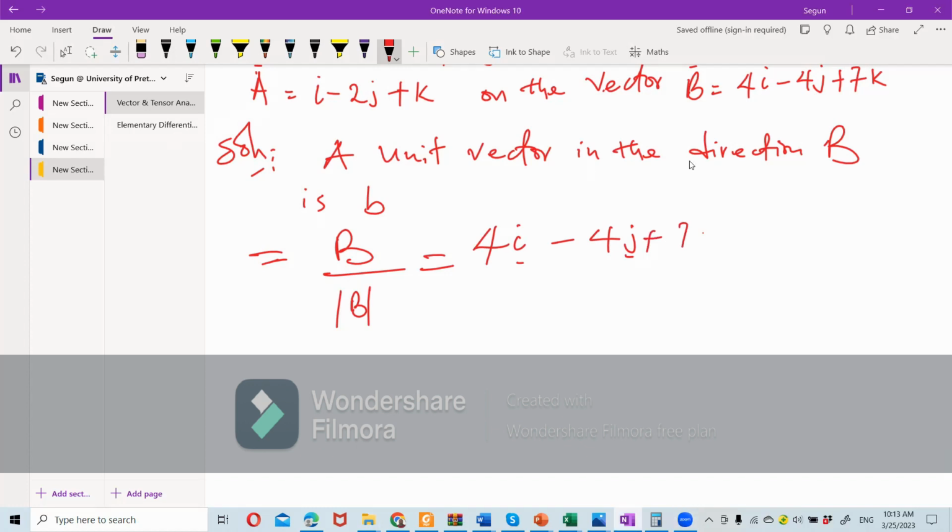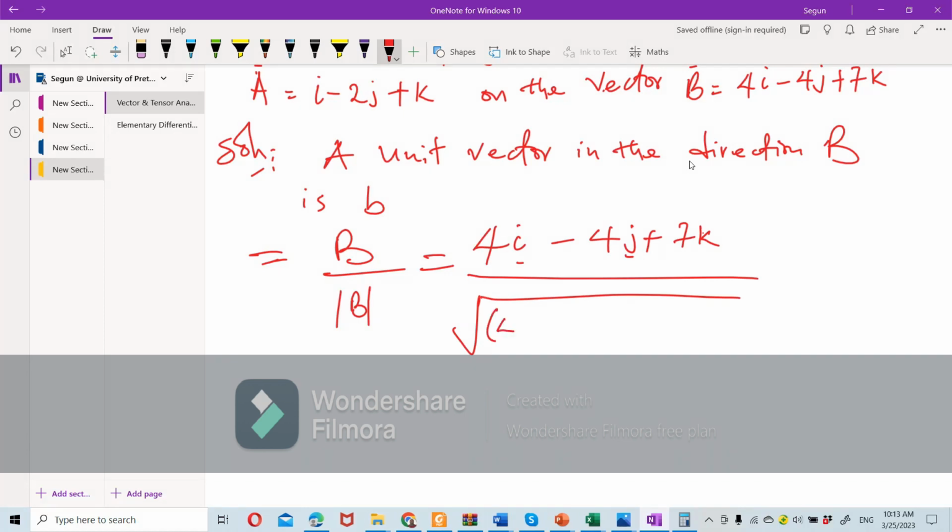Then plus 7k divided by the square root of 4 squared plus negative 4 squared plus 7 squared.